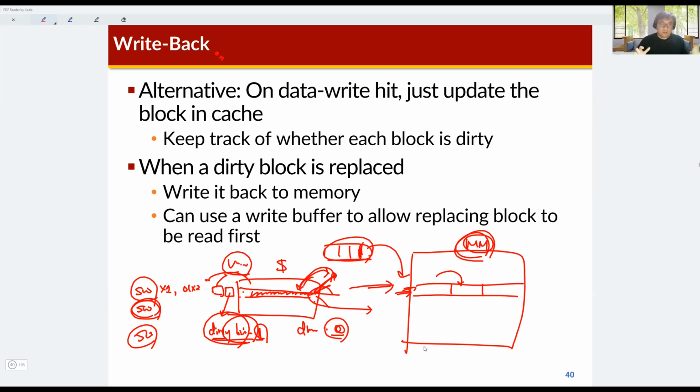A write request is sent to the main memory only when the dirty cache line is evicted from the cache. So this cache line is written back to the main memory when it is dirty. And then what is the problem?